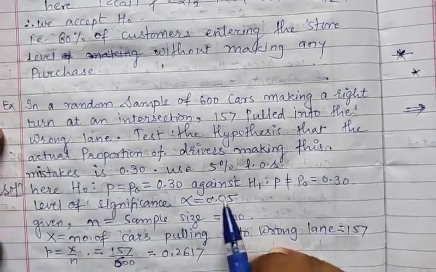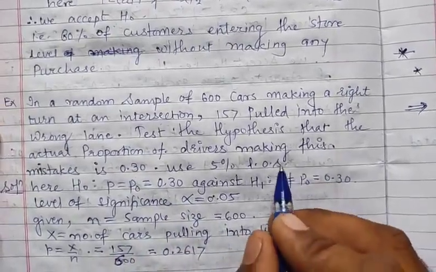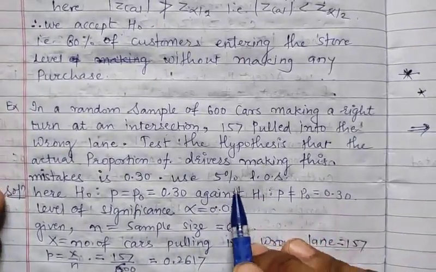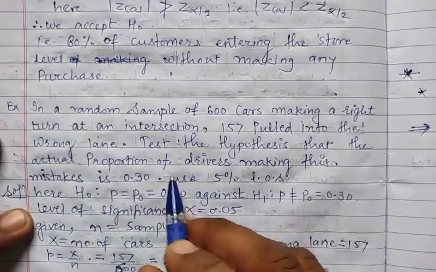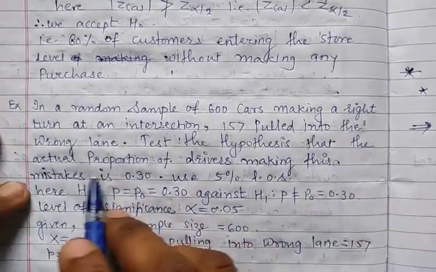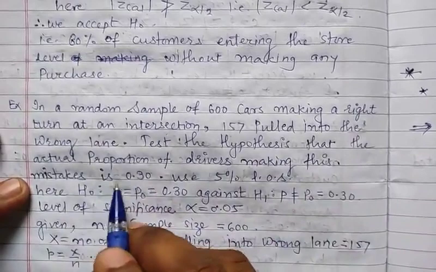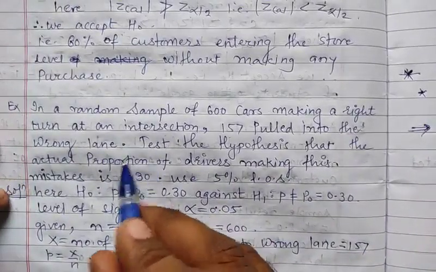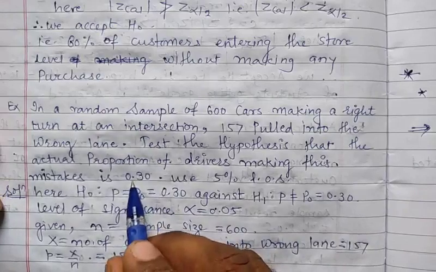Use 5% level of significance. So what we have given, level of significance is 5%, and the hypothesis that the actual proportion of drivers making these mistakes is 0.30, means what? Mistakes is 30% is given.